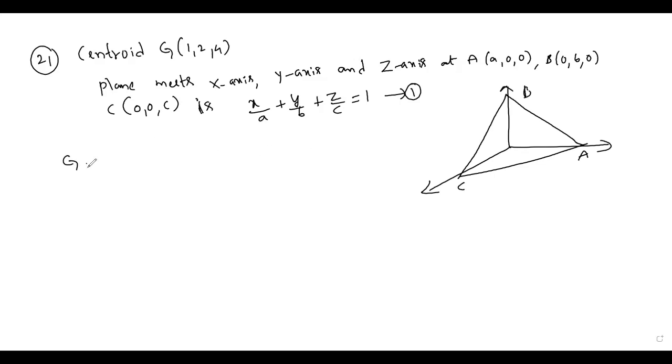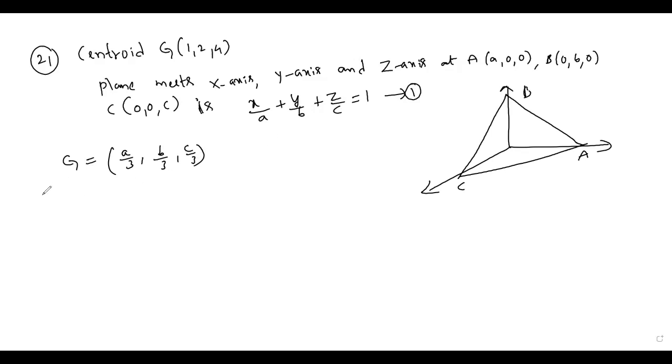Now here G is the centroid. Using the centroid formula, by adding each term, the coordinates we get are a by 3, b by 3, c by 3. Why is 3 coming here? We know the centroid of a triangle is x1 plus x2 plus x3 by 3, y1 plus y2 plus y3 by 3, like that.